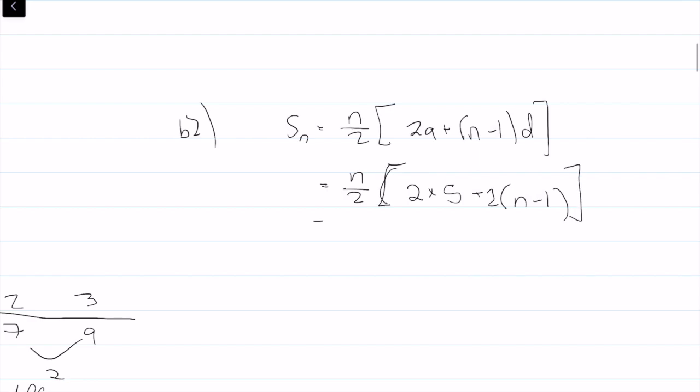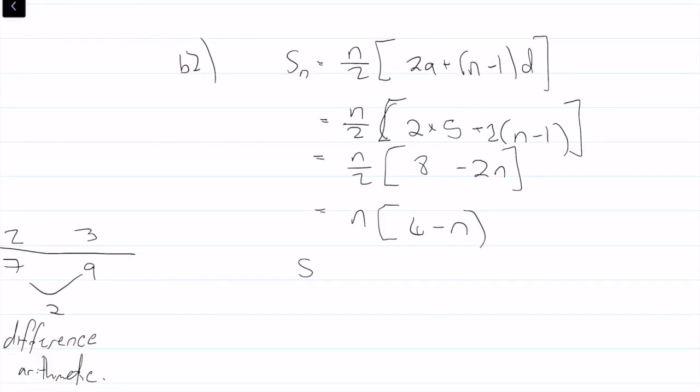Now we're just going to multiply this. So that's n over 2 times 10 plus 2n minus 2. I'm going to simplify it right here, taking that minus 2, so that's going to be 8. Times everything by half, that's n times 4 plus n.